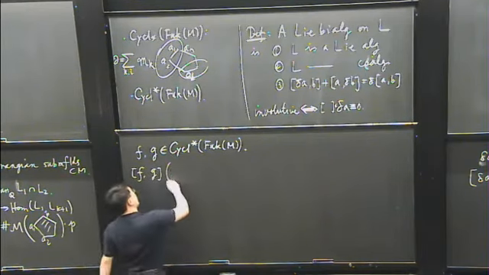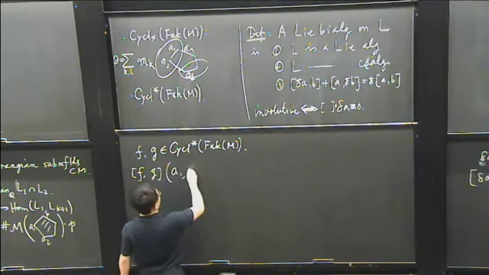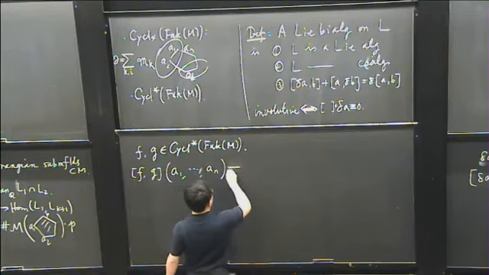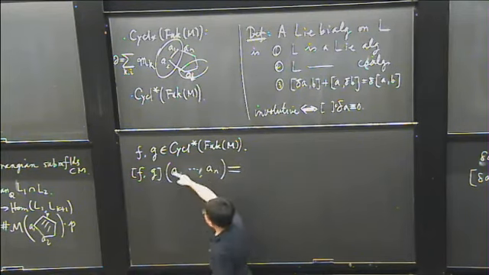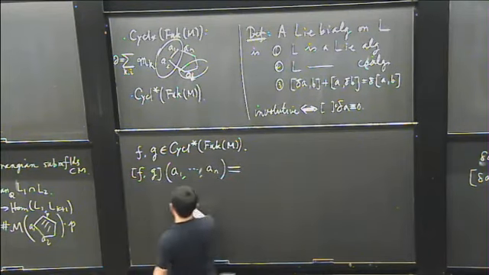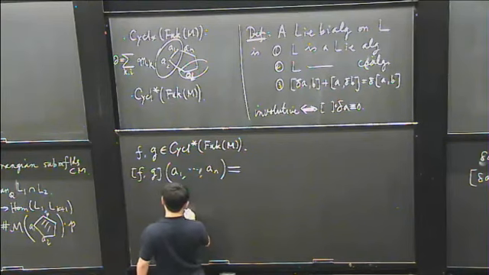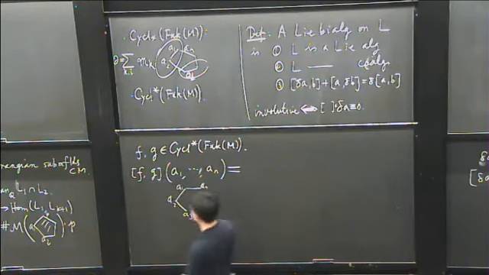Then its value, let's say on A1 to AN, is given by the following. Here, this is just the cyclic word. Let me draw a picture like this. This is A1, say this is A2, A3, till this is AN.